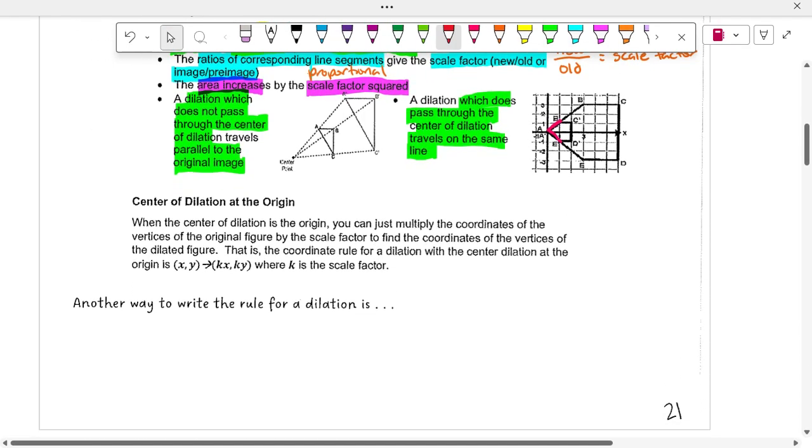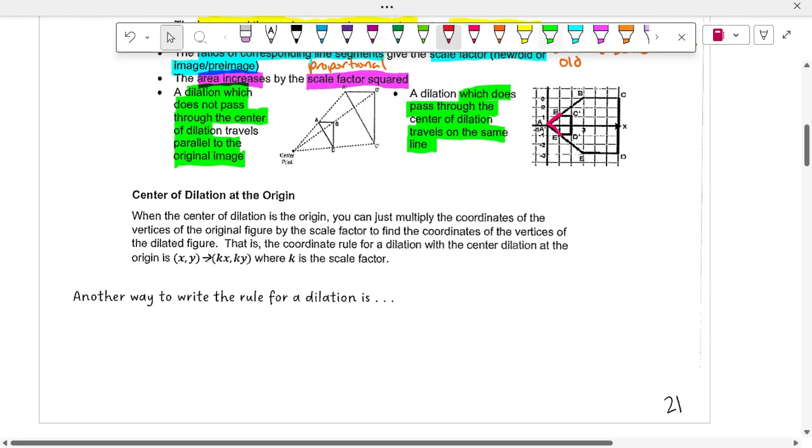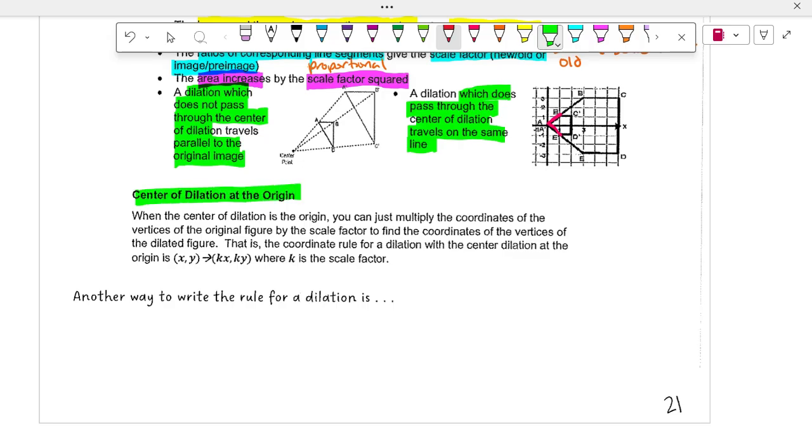Now, to actually calculate a dilation, it's really easy, especially if it's centered at the origin. This is kind of the standard that you'll see a lot in this class. If it's centered at the origin, the way that you find the dilation is just multiply the coordinates of the vertices by the scale factor to find the new coordinates of the dilated figure.